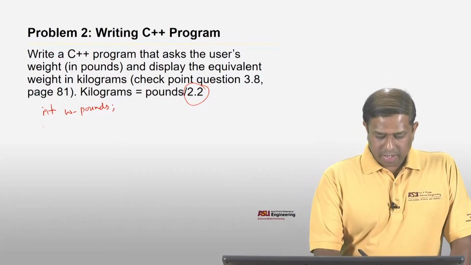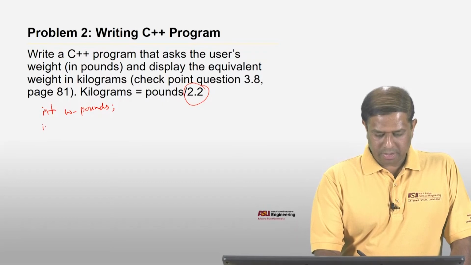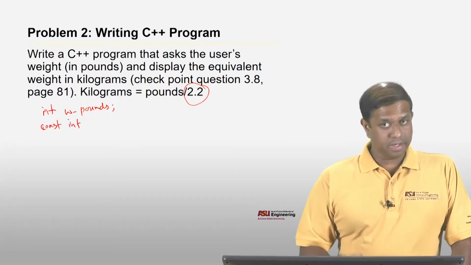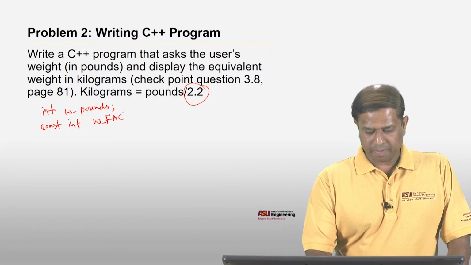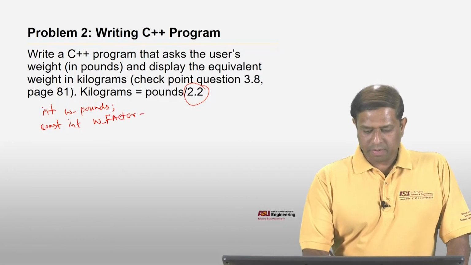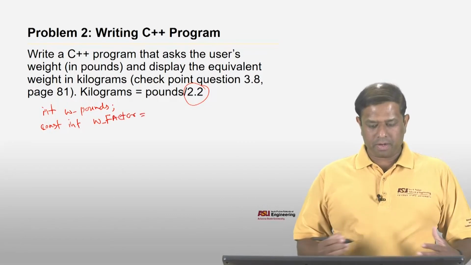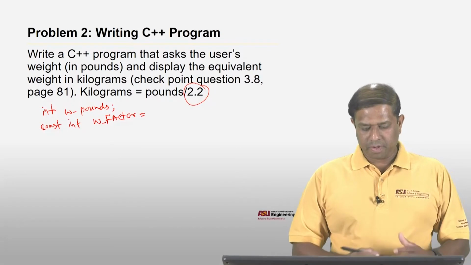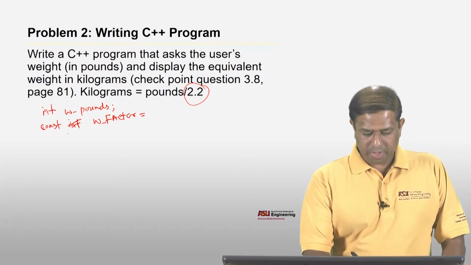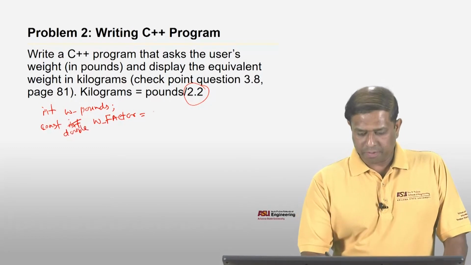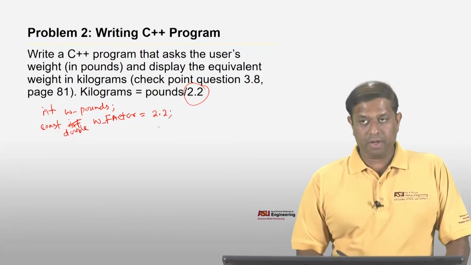So then we can name this constant integer. I'm going to call it weight factor, right? We know that when you are defining constants, we make all the letters uppercase. So this integer weight factor, actually this has to be double because it's 2.2. So weight factor is going to be 2.2, right?